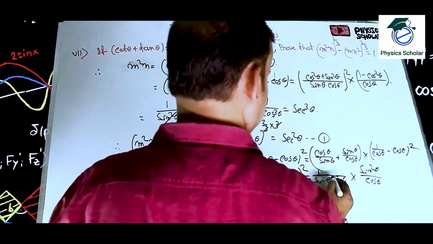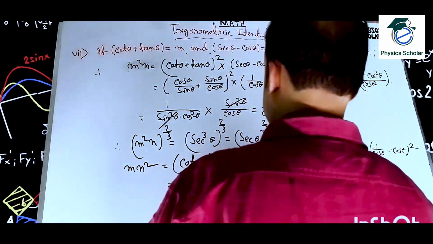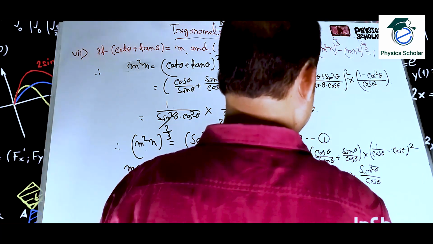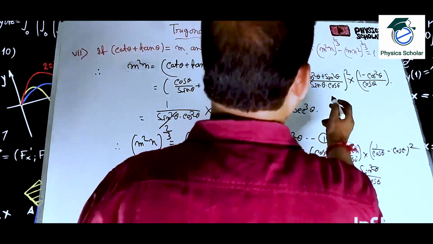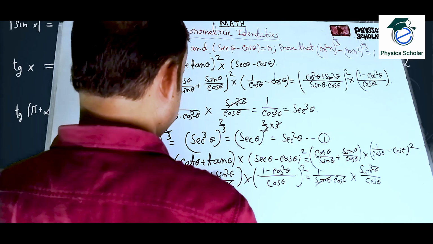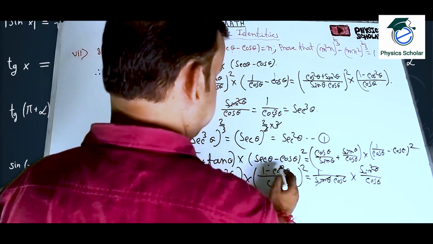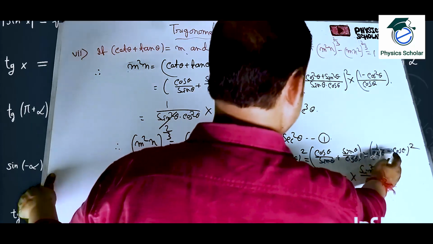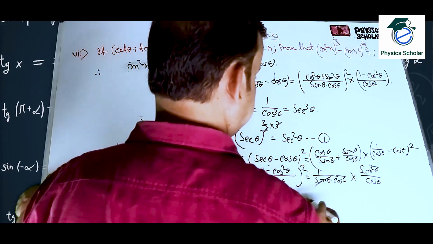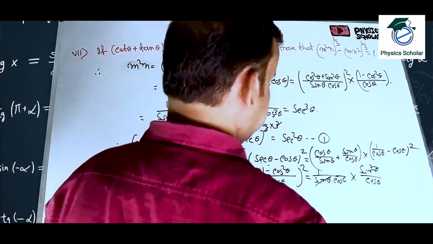Clear? So this and this will be cancelled. Sec theta means 1 by cos theta minus cos theta, so cos theta will be the LCM. So 1 minus cos square theta means sin square theta. So sin theta will be cancelled.